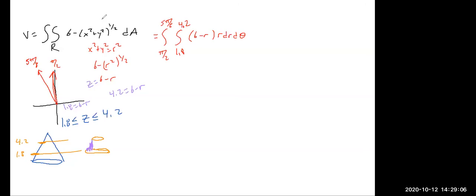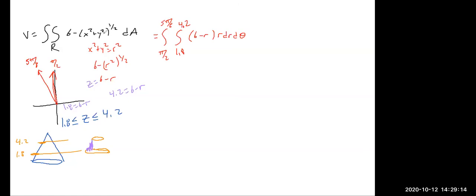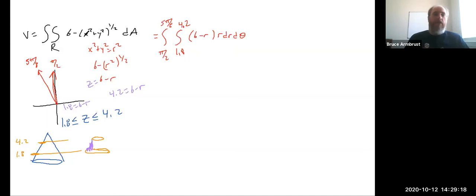I mean, wouldn't it just be the same, just different radii? Well, so you'd still convert. Your surface would just be a different surface, right? Like this is what it looks like for a cone. If it was a sphere, you'd get something like z equals the square root of 16 minus x squared minus y squared or something like that.